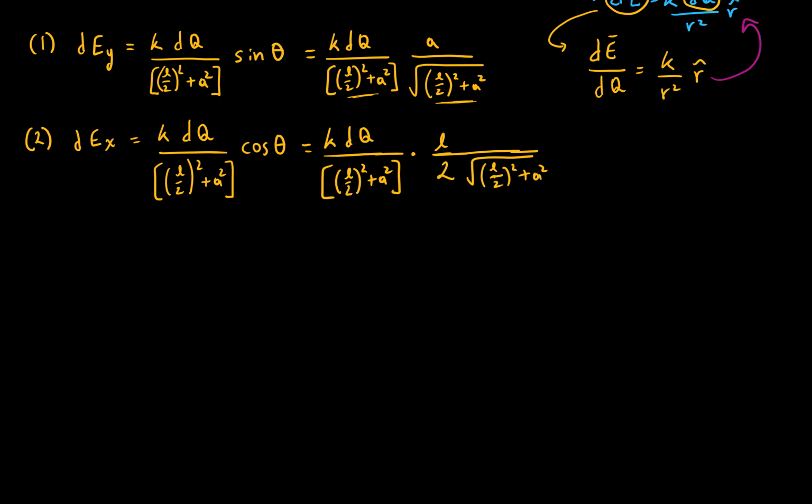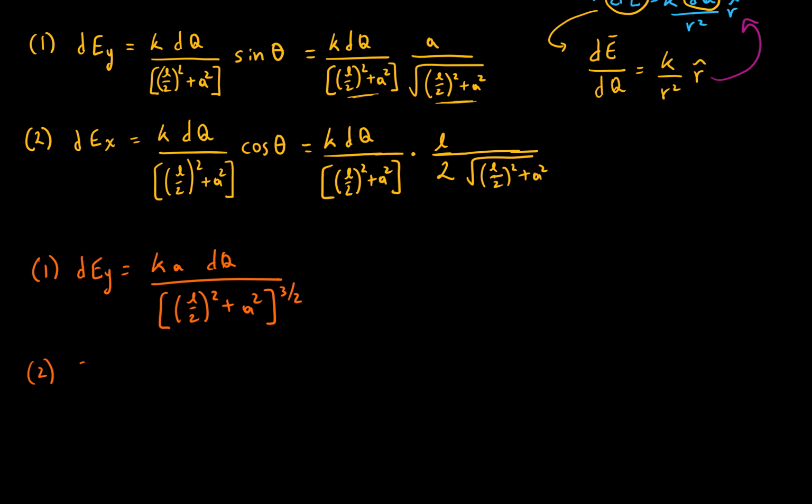I can then say dEy is equal to k a dq divided by L over 2 squared plus a squared to the 3/2 power.